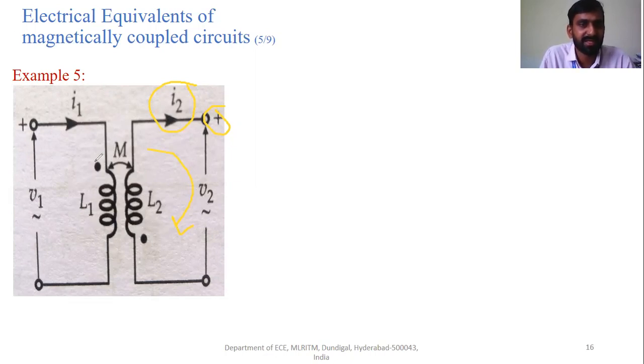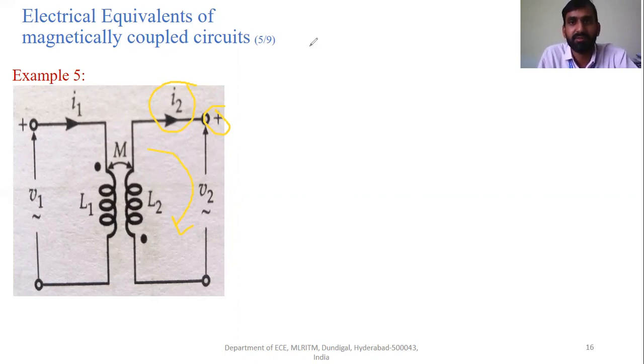So let us consider the M term here to be positive. Why? Because I2 is entering through the dot and I1 is also entering through the dot. Clear? The M term here is positive.